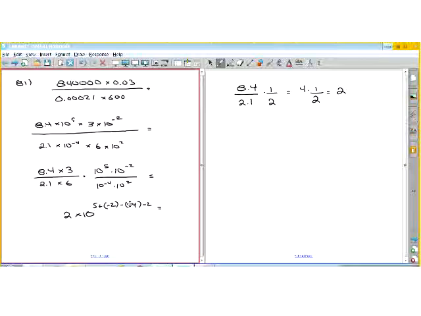So 3 plus 4 is 7. And then you subtract 2, which is 5. So you get 2 times 10 to the 5th power, which is 200,000. Because you have 2, and you have to add 5 more zeros to have enough space.